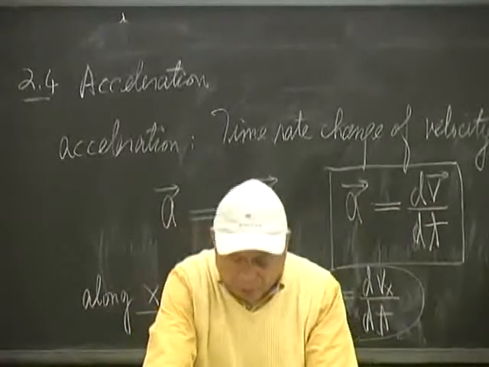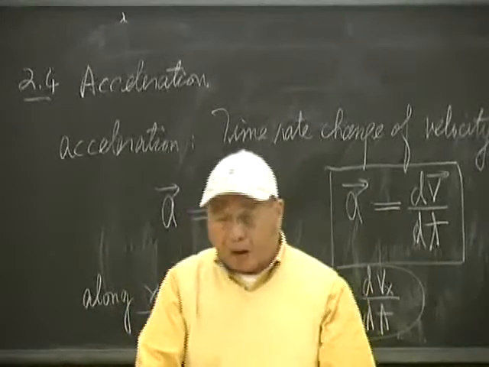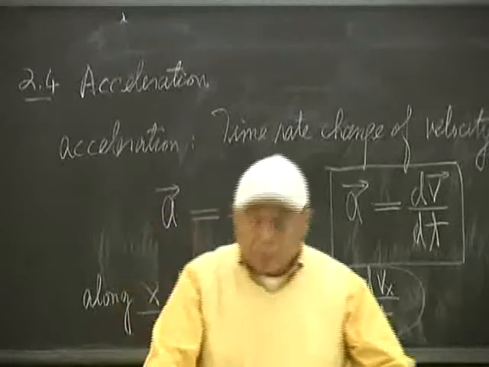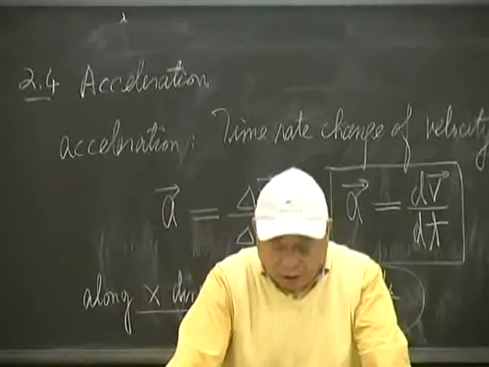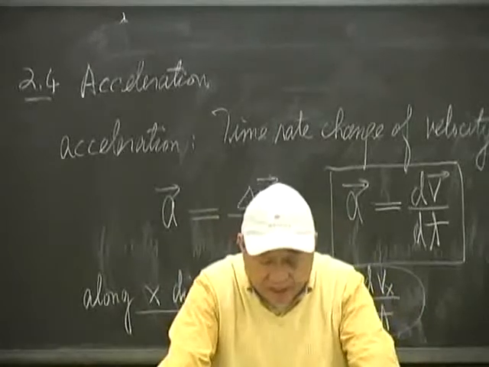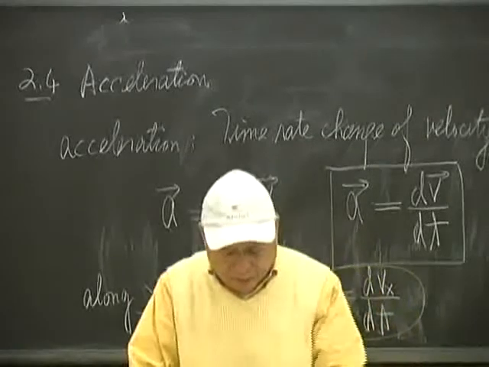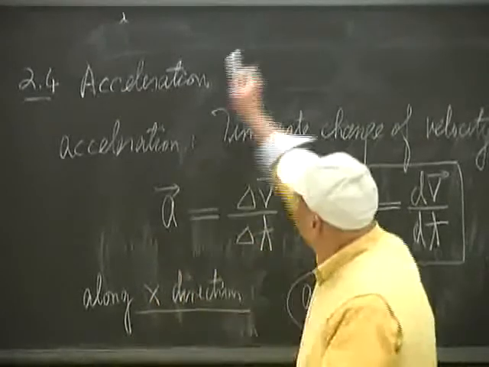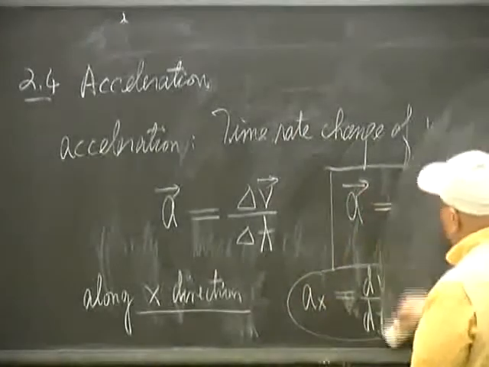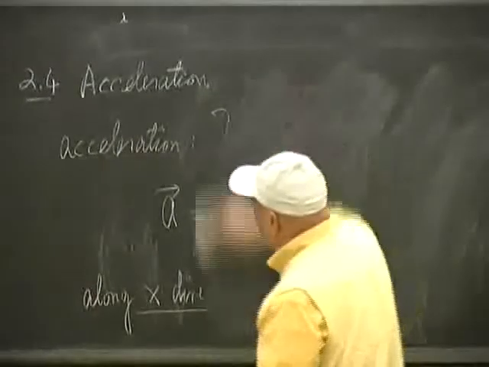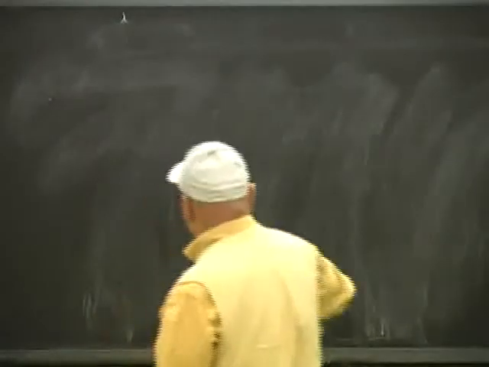So now we want to develop a few important equations about the motion. Basically, there are four equations that are very important. We developed one important equation, which we just mentioned: v sub xf equals v sub xi plus a sub x times t.